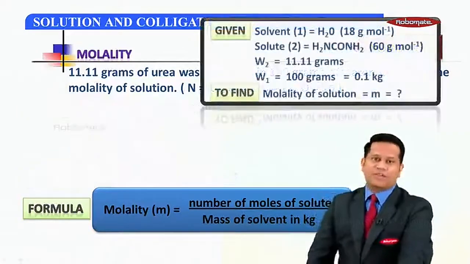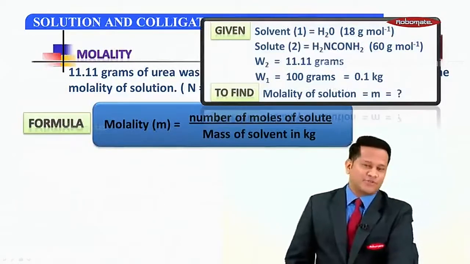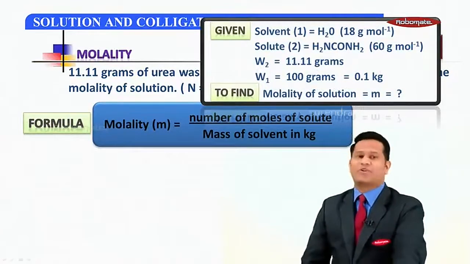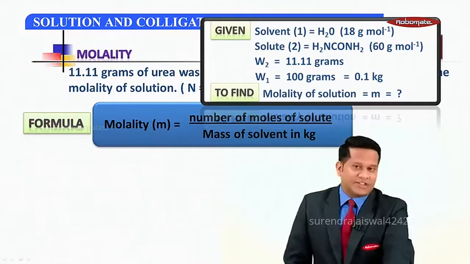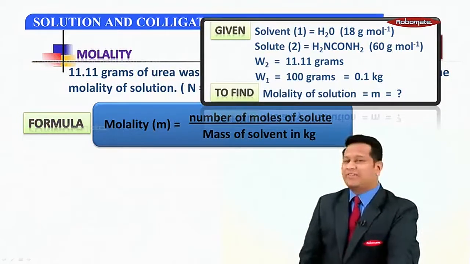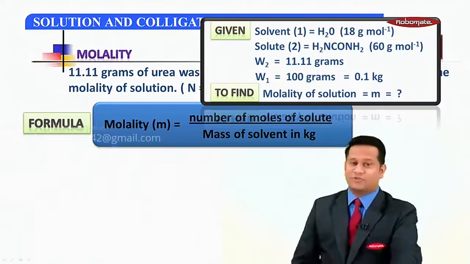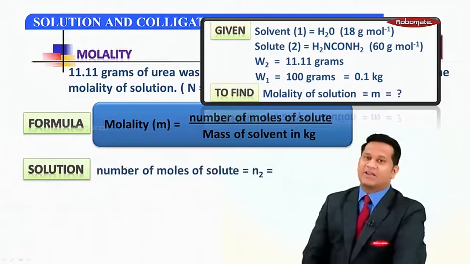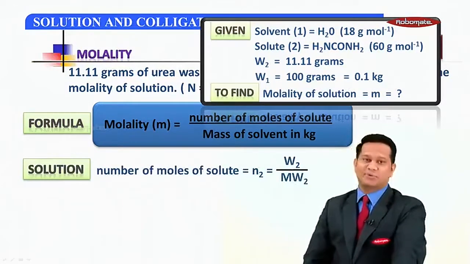Perfect. Let's go ahead with the entire thing. The formula is molality is equal to the number of moles of solute upon the mass of solvent in kg. We need to find molality. First thing, do I have the numerator, the number of moles of solute? No. Do I have the denominator, the mass of solvent in kg? Yes, I have it as 0.1. So first we need to find the number of moles of solute N2, which is W2 upon MW2.